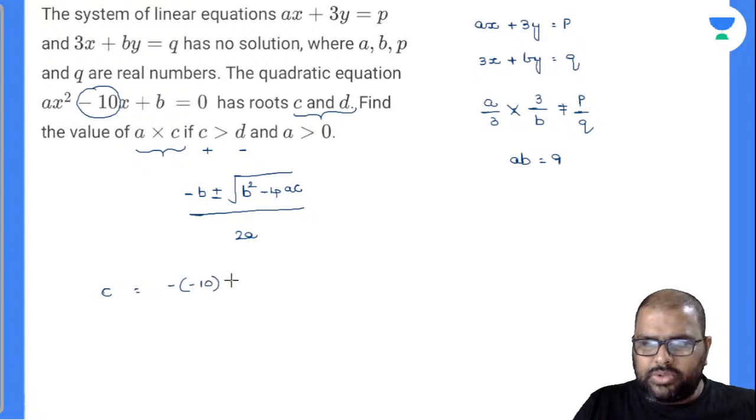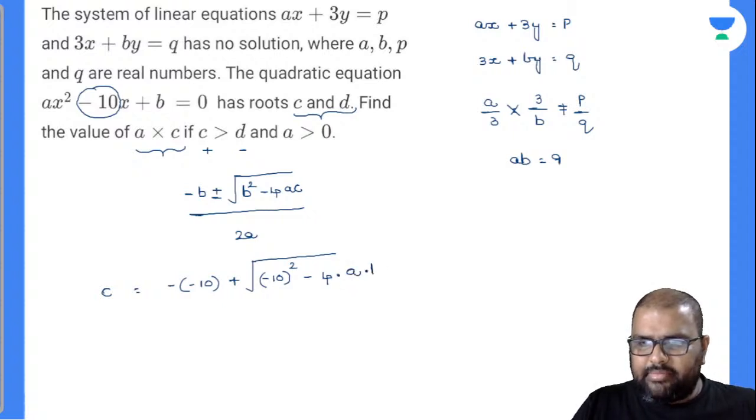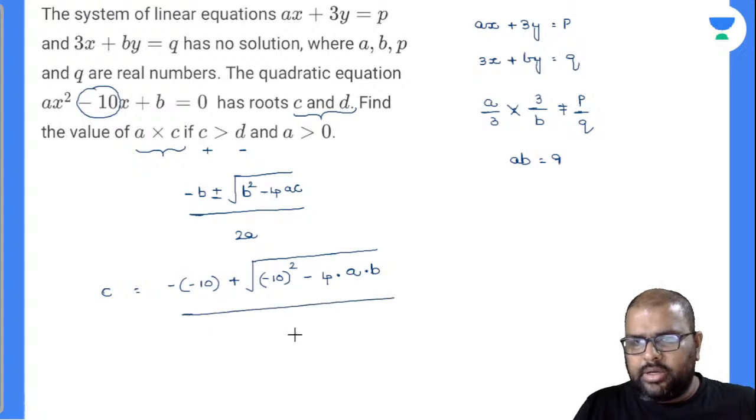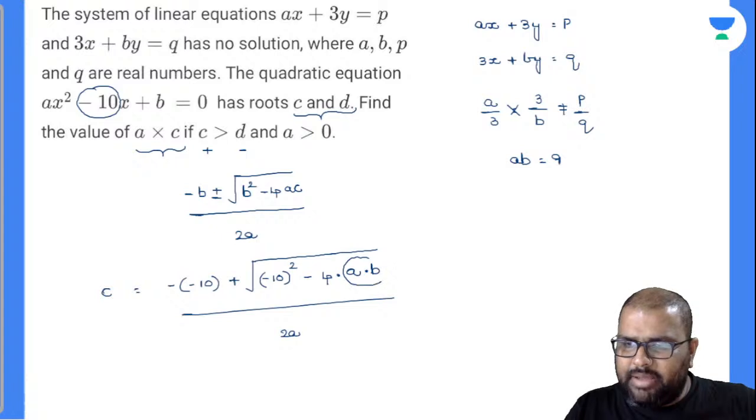I want the positive root, so I will take plus root of minus 10 whole square minus 4 into a value is a, c value is b. Am I right or wrong in this quadratic equation? Divided by 2a.